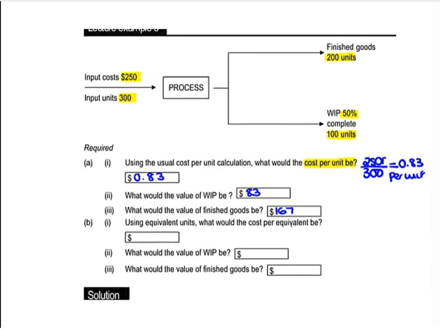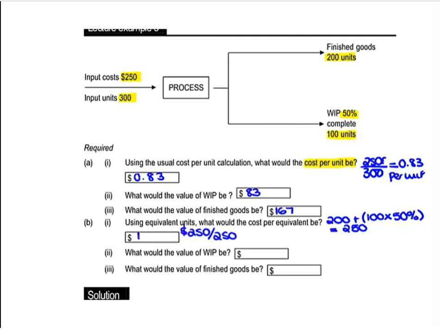If we think about equivalent units, well, we've got 200 finished units and we've got 100 units that are 50% complete. So that's the equivalent of 50 completed units. So now we've got 250 equivalent units. So the cost per equivalent unit is $250 divided by 250 units.